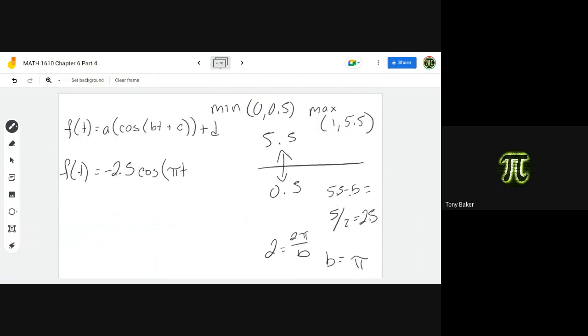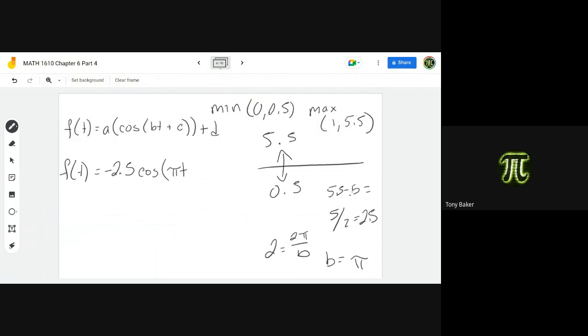Those two make sense. It's basically the exact same thing I just did in the lesson. One period is going from wherever it starts back to where it starts. So at the minimum, where I was at 0, I got to a maximum at 1, and then to go back to the minimum would be another 1 second. So one complete loop is 2 seconds. That's where the 2 comes from. All right. The C would be, where's that initial point?